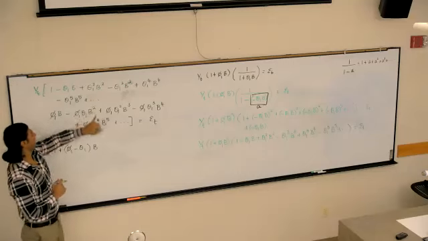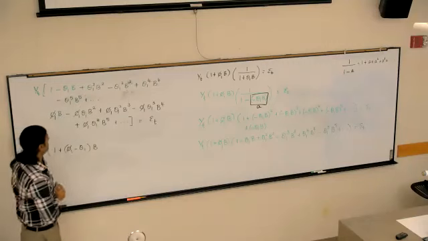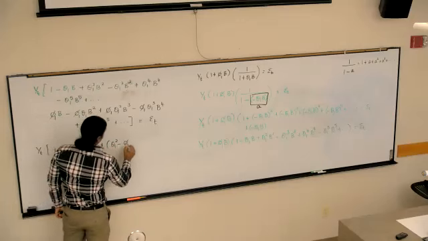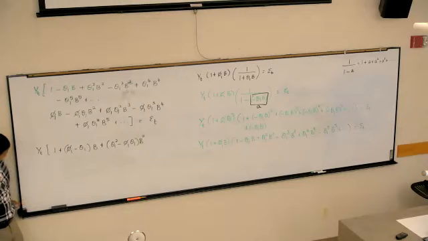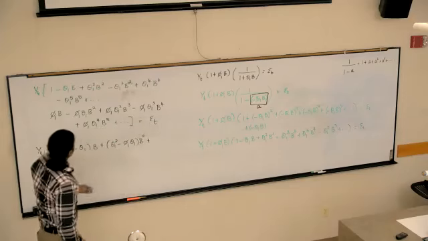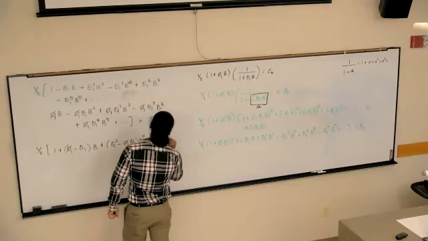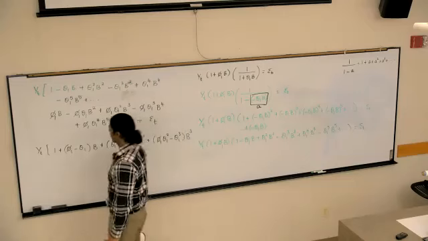For the B squared term, I have phi1 theta 1 plus theta 1 squared. For the B cubed term, I have phi1 theta 1 squared minus theta 1 cubed times B cubed.